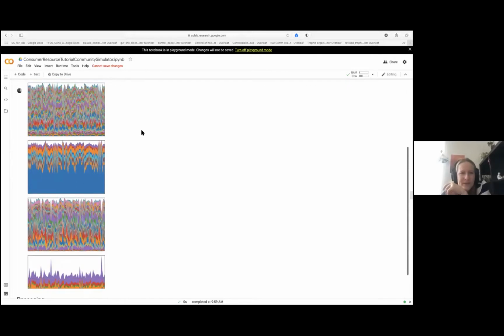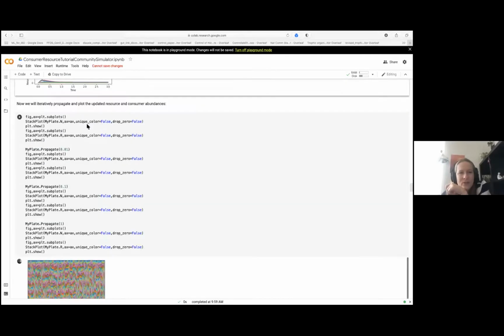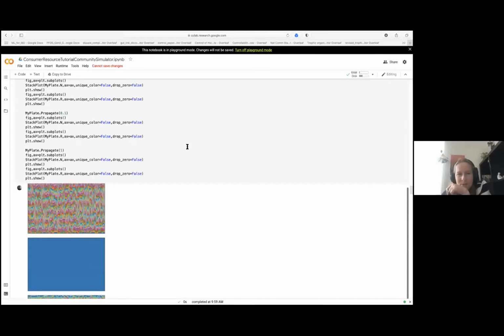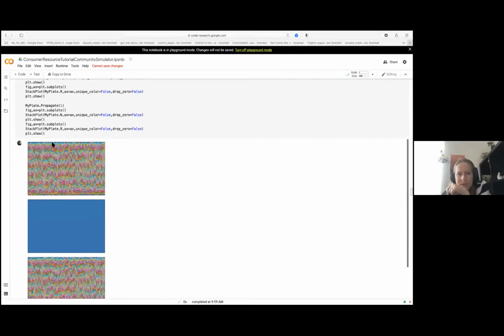Okay. This part basically shows you several cycles of propagation and how your ecosystem gets established. So what I show here, top and bottom plot, is bacteria and resources respectively. At first you have just your primary resource and whatever bacteria in very small quantities.